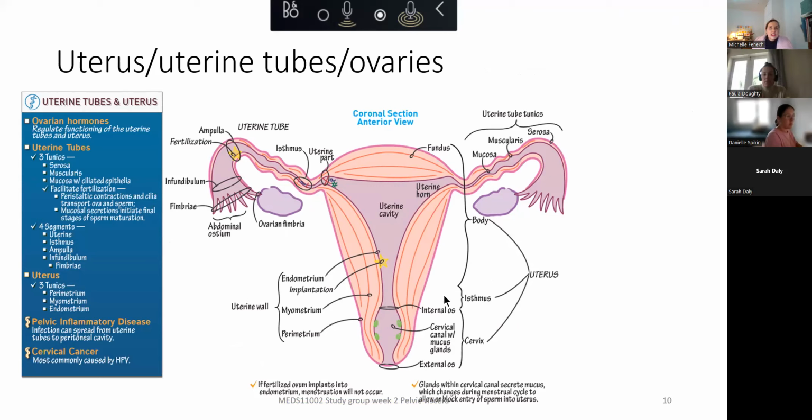An isthmus is just an interconnecting bit, like a little bridge between two things. Don't worry too much about the isthmus, but note that there is a cervical canal in the region of the cervix, which is the inferior or distal portion of the whole uterus. Any questions so far?